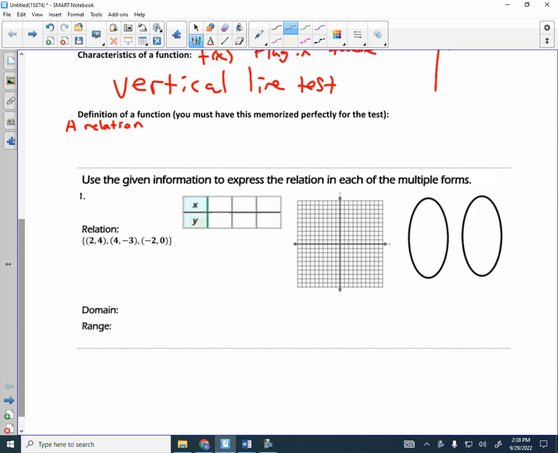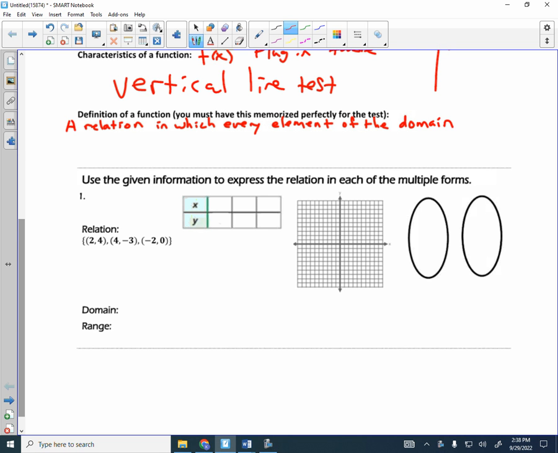and a relation is just a set of points, okay? A set of points. A relation in which every element of the what? Everything that's in the input, instead of input, we use a word that starts with a D. Every element of the domain, so those are your inputs, okay?